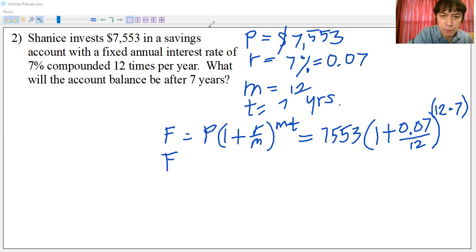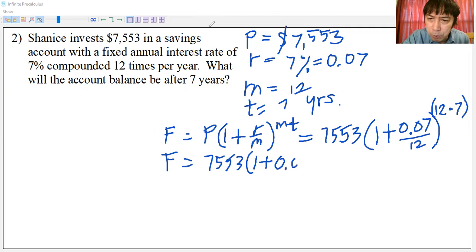So this is F, 7,553 times 1 plus 0.00583333, repeating decimal, raised to the power 84.